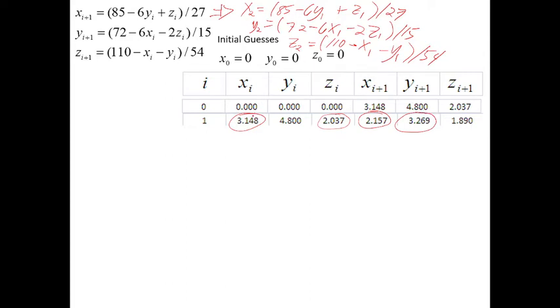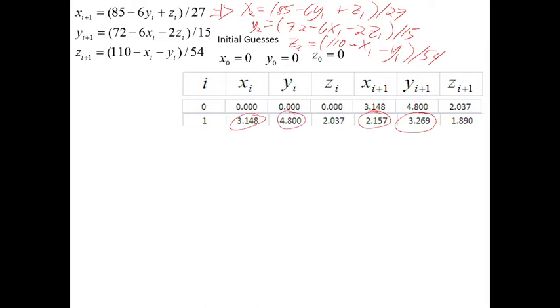Next, we have z sub 2: 110 minus x sub 1, so this is x sub 1, 3.148, minus y sub 1, which is 4.8, over 54.